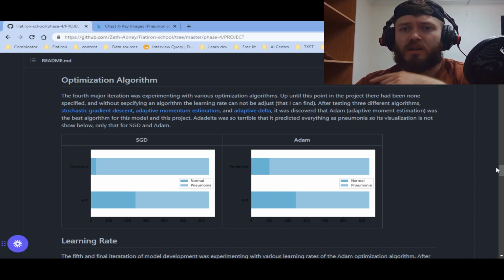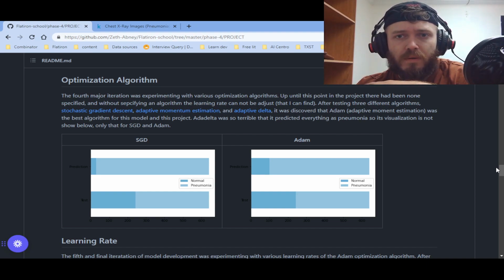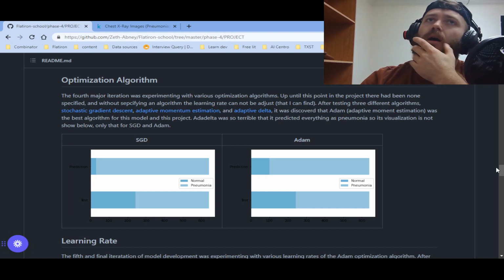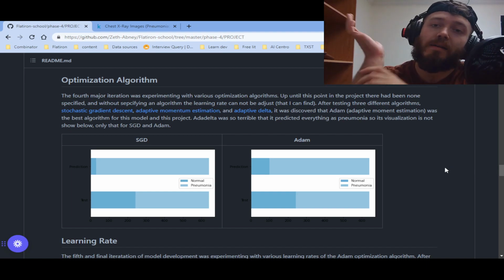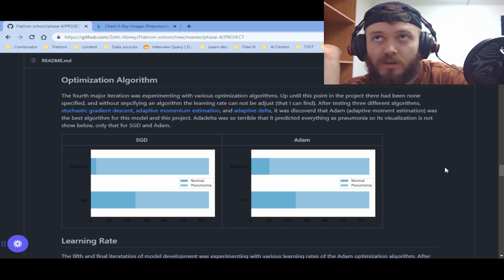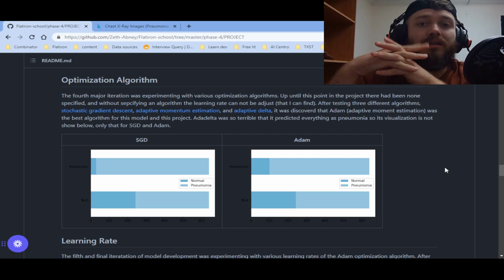So I don't know if there just isn't one or if there is one and it's just really hard to find exactly what that is. But anyway, up until this point in the project, I had not specified what gradient descent algorithm to use. So at this point, I did that.